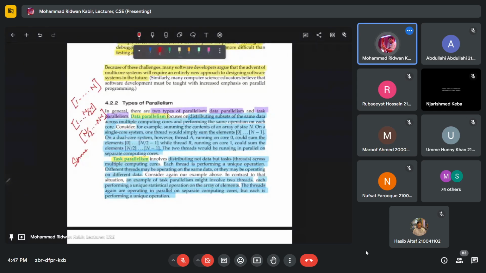So data parallelism is, long story short, you distribute subsets of the same data across multiple computing cores and perform the same operation on each of these cores.